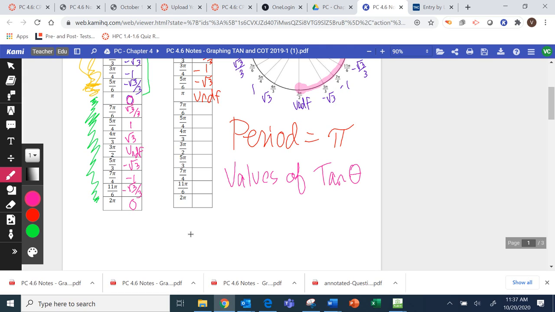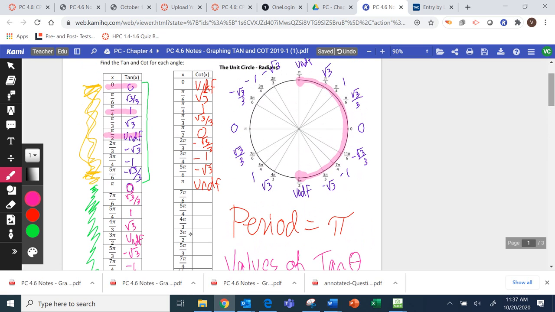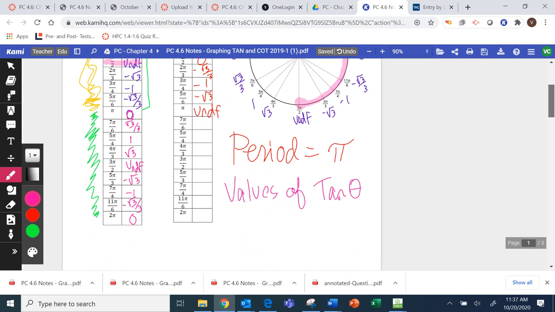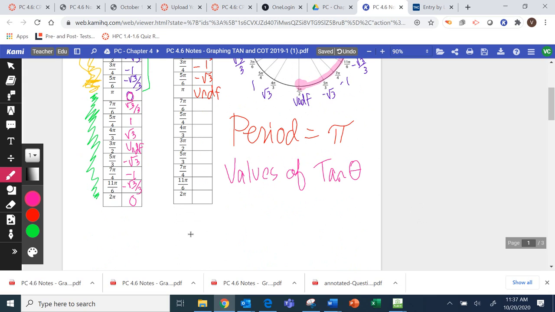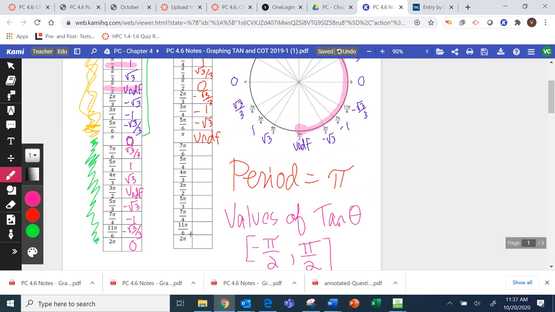When I go to put it in my table, I'm going to write it as an interval, and I cannot write one interval that says 0 to pi over 2 and then 3 pi over 2 to 2 pi, because that's not one interval. So to write it as one interval, I'm going to write it as negative pi over 2 to positive pi over 2. That's where I'm going to graph my original tangent first cycle.